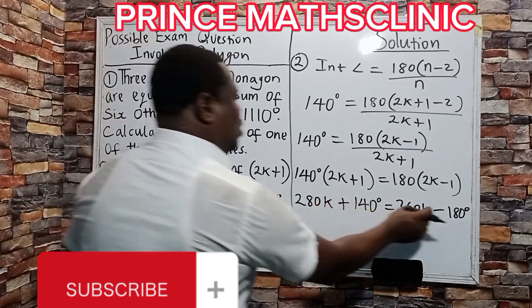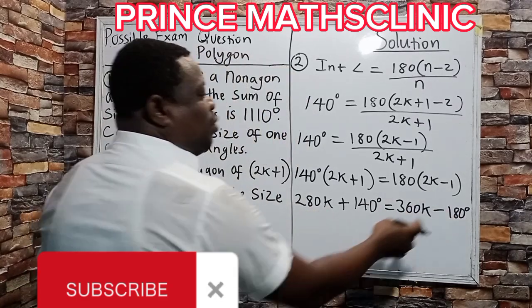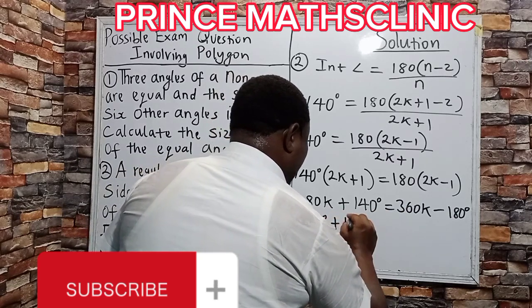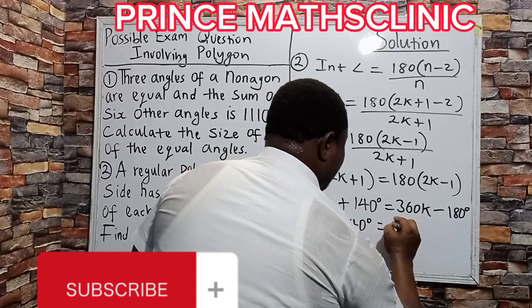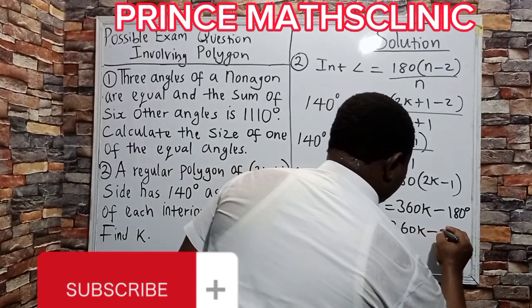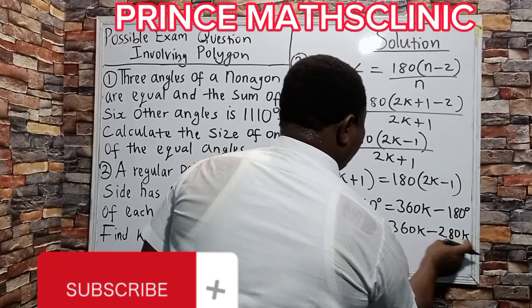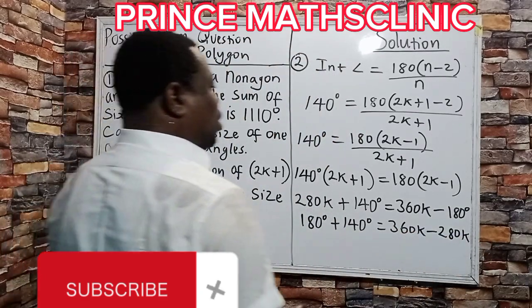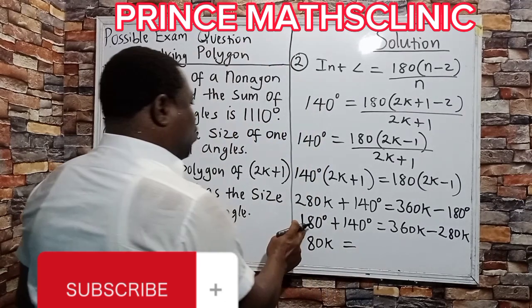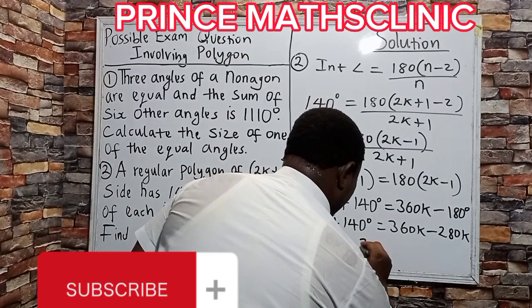So at this point, we'll collect like terms. So I'll push this here and bring this here. If I bring 180 here, 180 is negative, so it becomes positive, then plus 140, then this is 360k. If I move this here, it becomes negative 280k. So 360k minus 280k gives us 80k. And if we add 180 to 140, we are going to get 320.